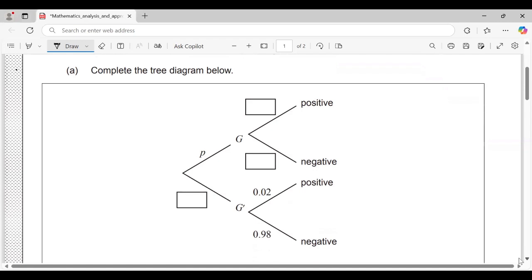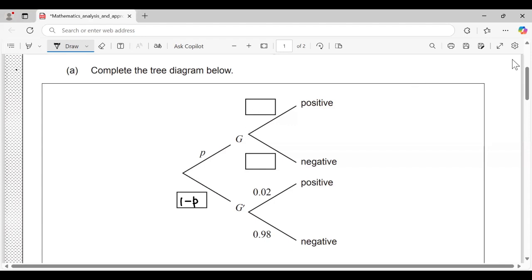Okay. If this is P, it means this is 1 minus P, because the maximum probability is 1. Now, this one, G positive.